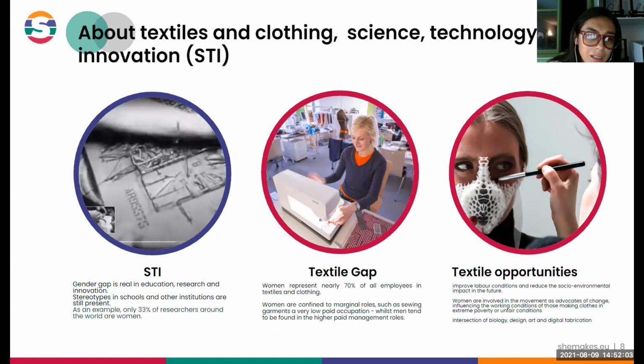And especially one of the points was to understand the relationship between textiles, science, technology, and innovation. Why, for example, through programs such as Fab Academy, do we see many more of the 130 women participating in this program?